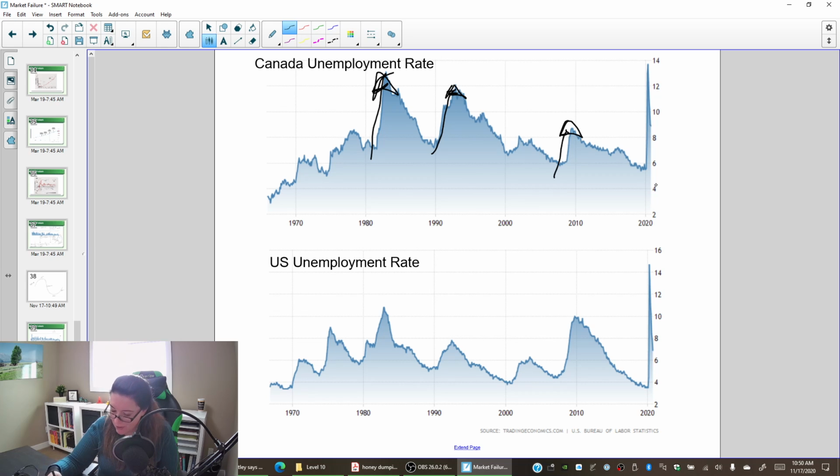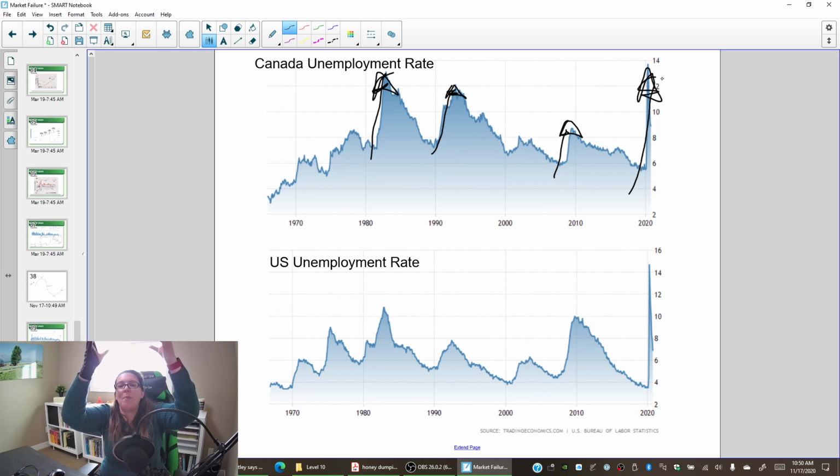We see that with COVID: contraction, less producing of goods and services, fewer jobs, higher unemployment rate. So that's a high unemployment rate and lower real GDP when we contract. When the economy is expanding, real GDP, the amount of goods we produce, goes up, and the unemployment rate goes down.